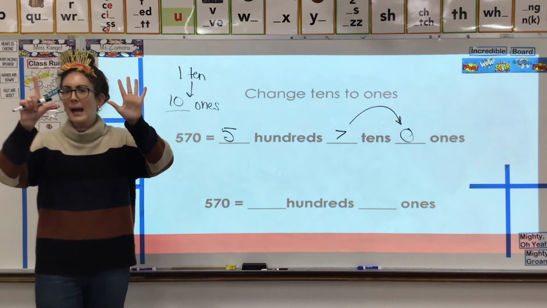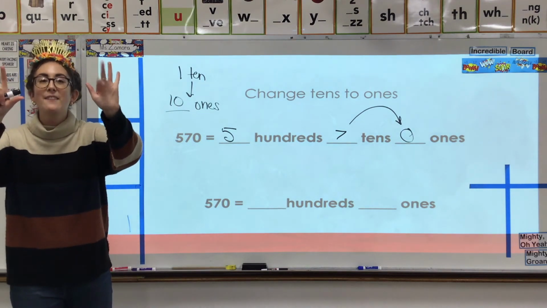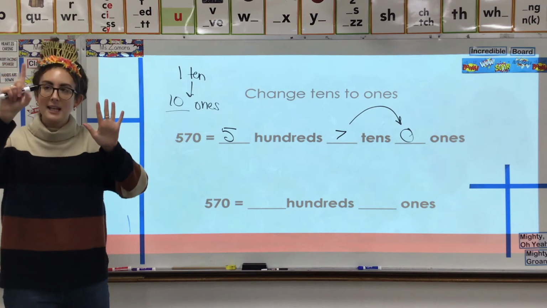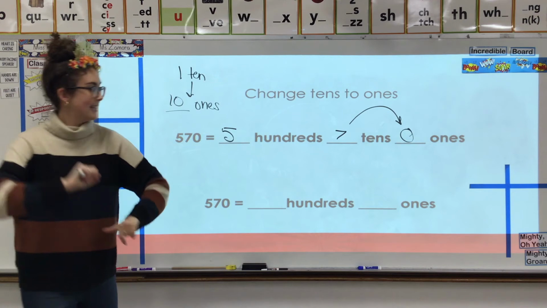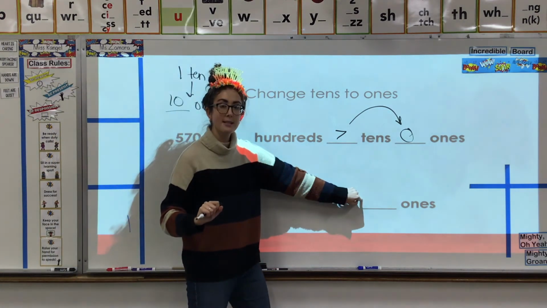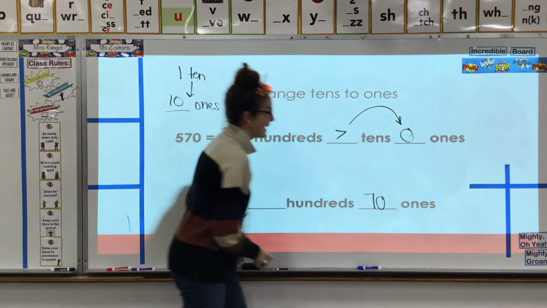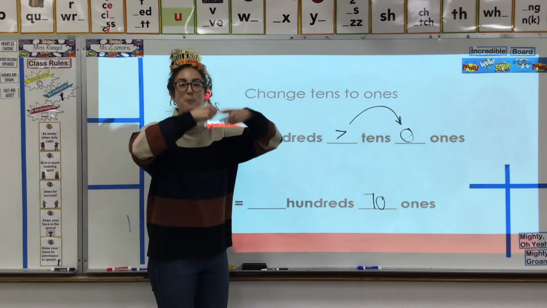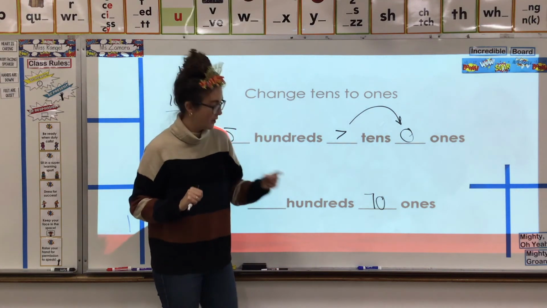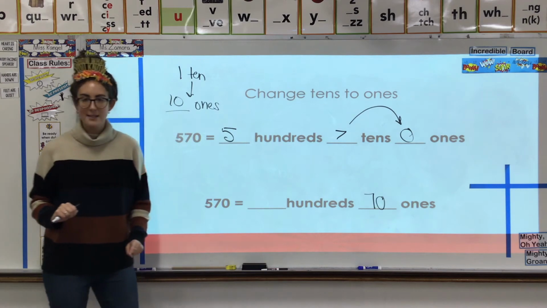Let's see, how many do we got? 10, 20, 30, 40, 50, 60, 70. These 7 tens is equal to how many ones? We just counted? 70 ones. Taking our 7 tens, breaking them back into their smaller units, would get us an entire group of 70 ones.